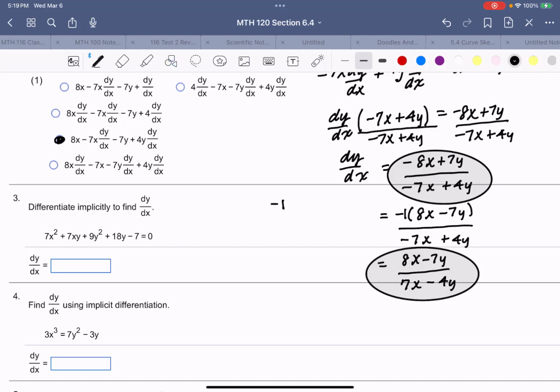A negative 1 out of the top, 8x minus 7y, and a negative 1 out of the bottom, 7x minus 4y, and then negative 1 divides with negative 1. So that's probably a little bit easier way to see that. But in any case, our dy dx is 8x minus 7y over 7x minus 4y.